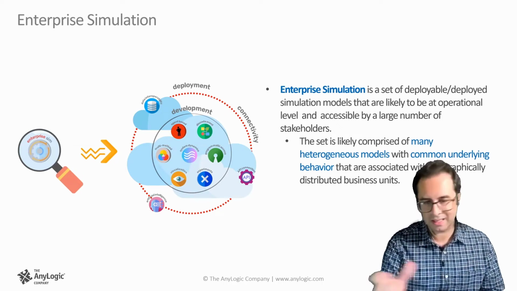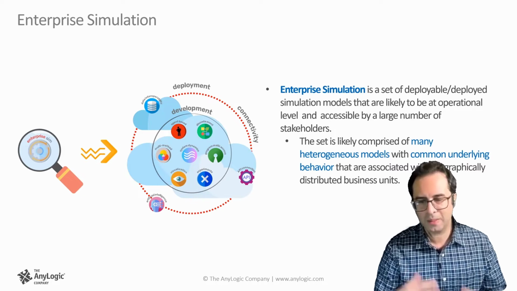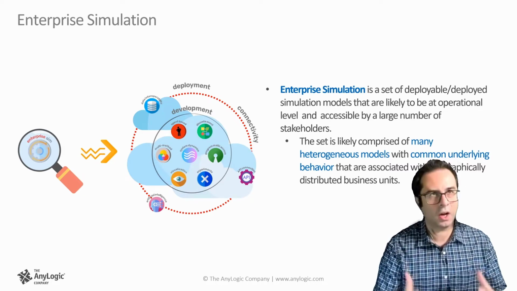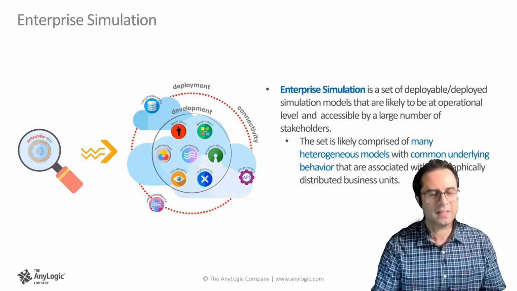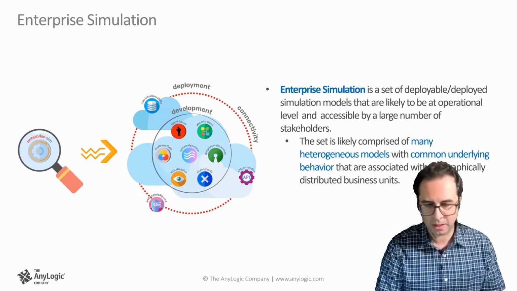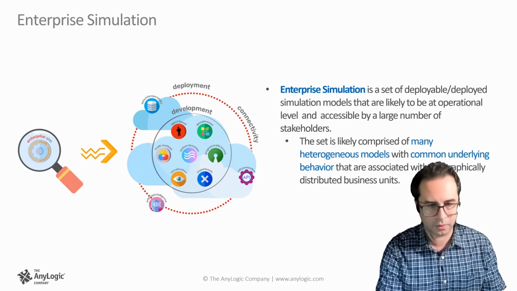There are different units at different locations that are different from each other, but at the same time, there is some commonality between these units. This is not a required characteristic for this type of simulation models, but we've seen it as a very common attribute.